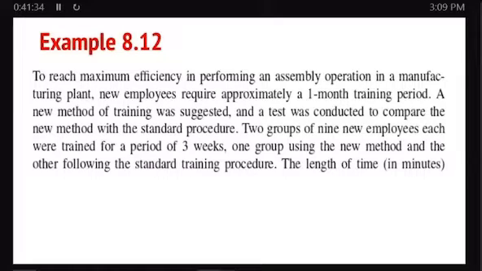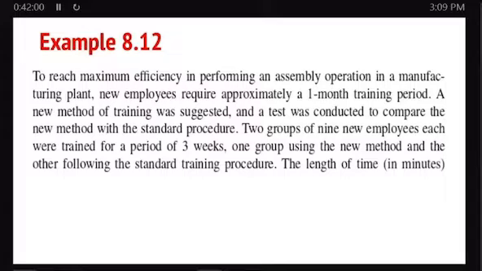Now, without wasting your time, we want to compare methods to reach maximum efficiency in performing an assembly operation in a manufacturing plant. New employees require approximately a 1 month training period. A new method of training was suggested, which means they want to compare the new method with the conventional method, which means they have two groups, right?